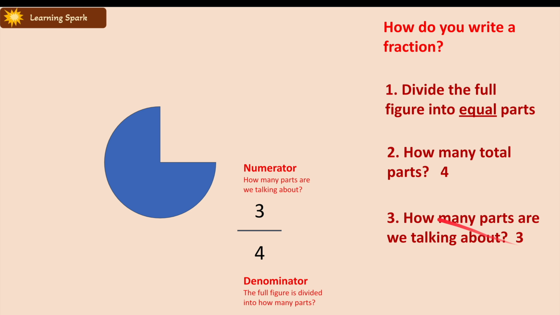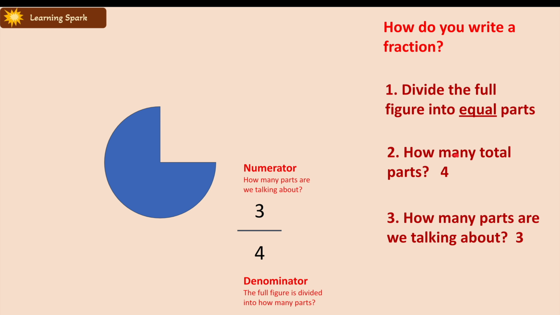So now how do we write the fraction? The fraction has 2 parts. There's one line you have to draw in the middle, and below the line there is a number which is called the denominator, and above the line there is a number which is called the numerator. The denominator is the full figure, divided into how many parts. And the numerator is how many parts we are talking about here.